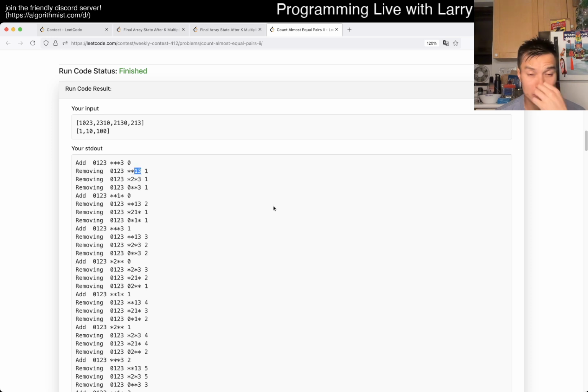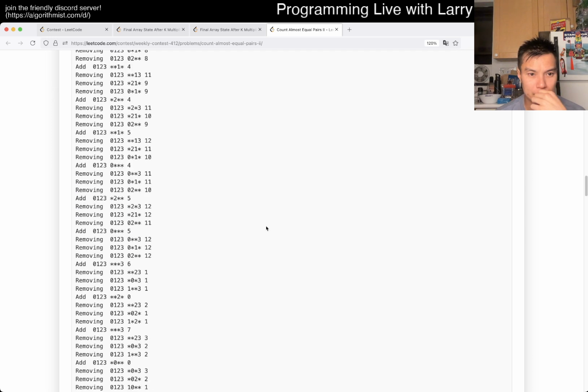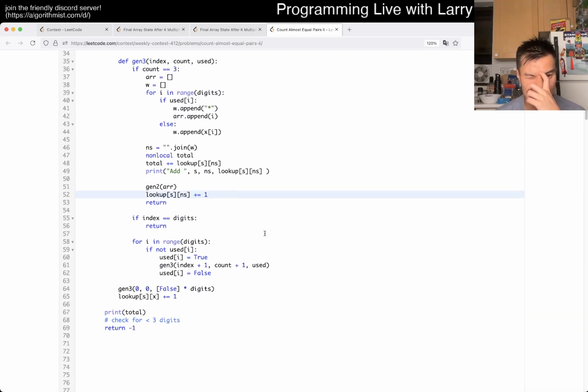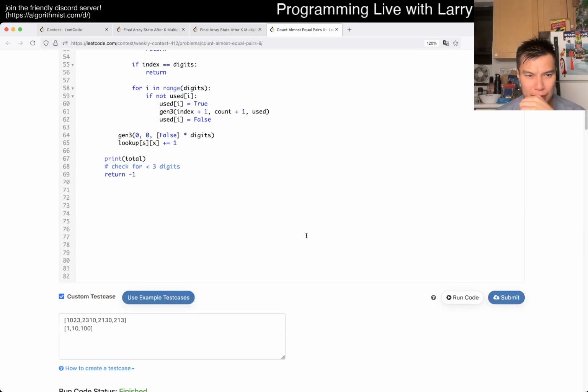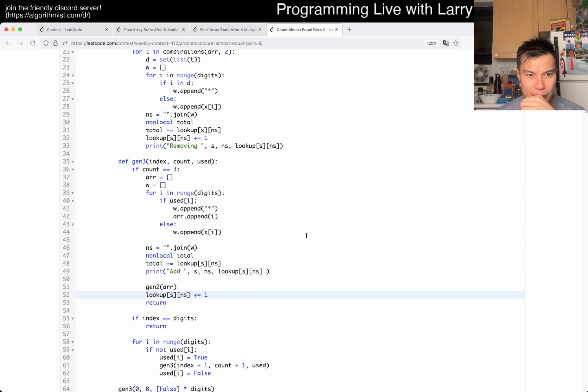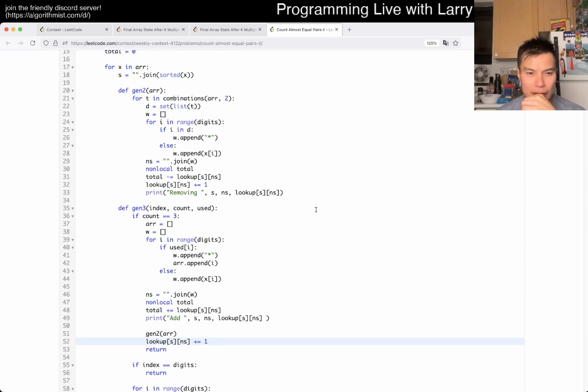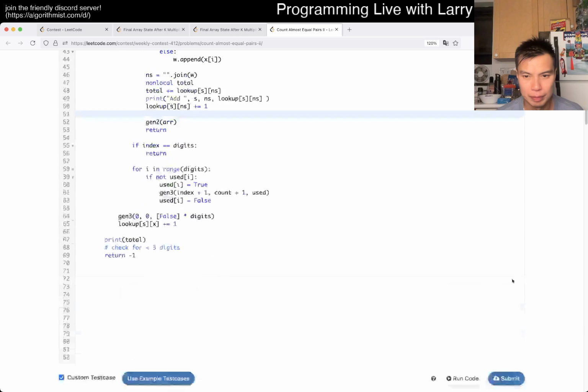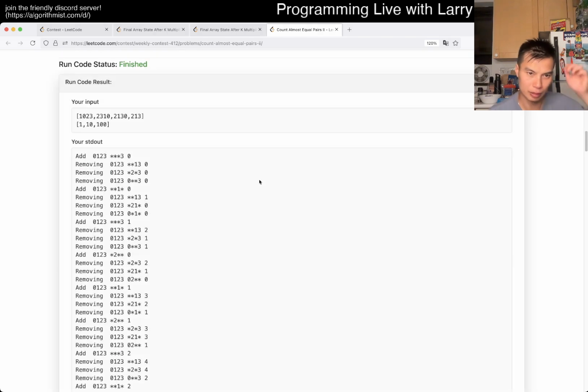It should be 0 to begin with. I mean, here it's different. Oh, I'm printing it after the lookup, so I guess that's fine. Yeah, I'm printing after the increment, so that's why. Okay, fine. That's silly. Okay.